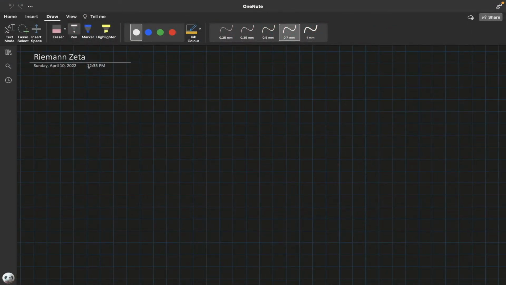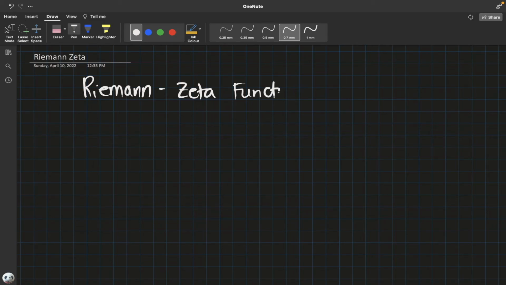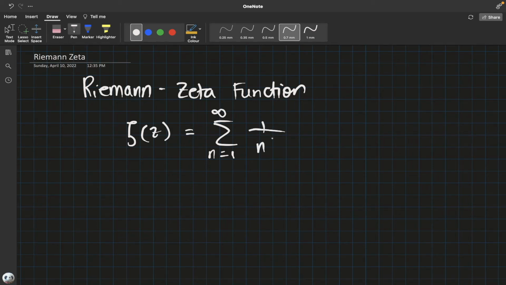Now the very last part of my talk was talking about the last special function, the Riemann zeta function. So Riemann zeta is defined by this infinite sum of n to the z, with the region of convergence where the real part of z is greater than 1.